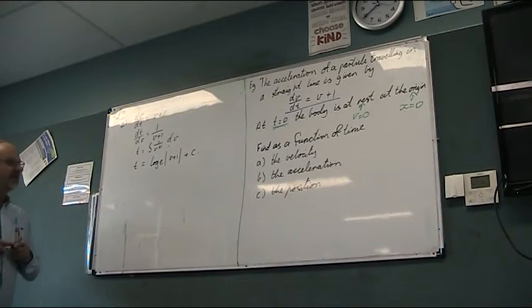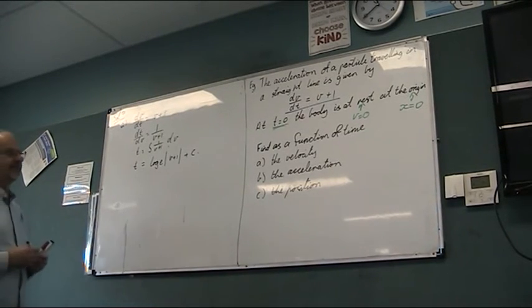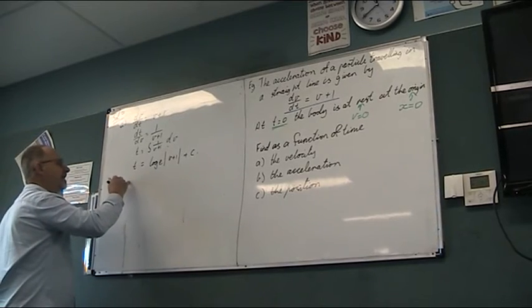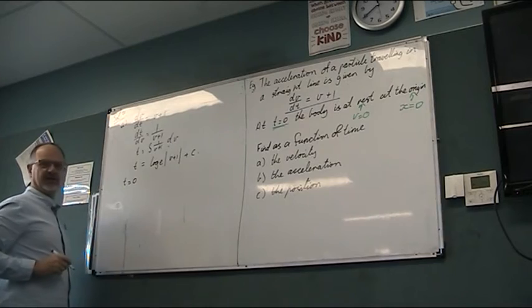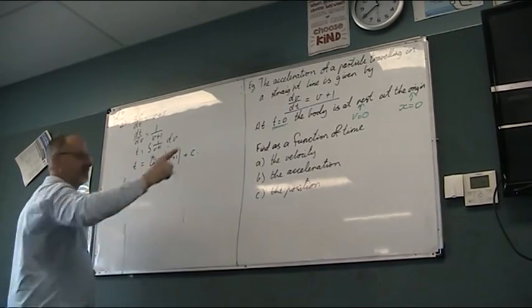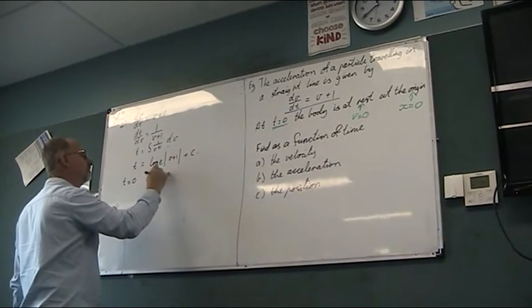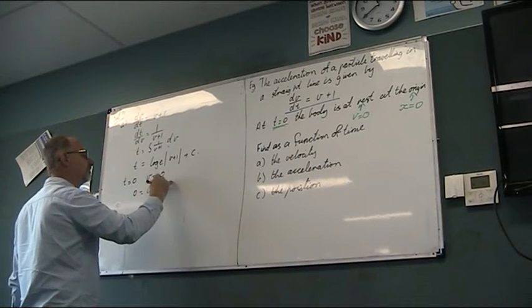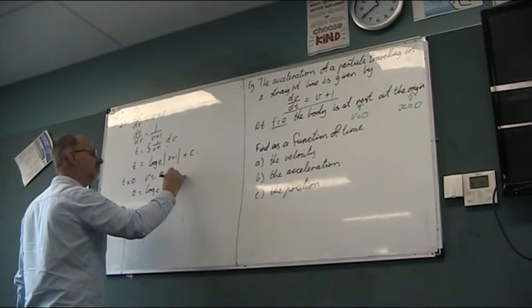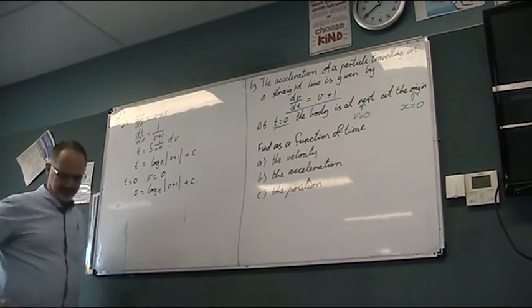All right. To find the constant, we've got some information. And the information we have is that at time equals 0, what do we know about v? v equals 0. So 0 equals log to the base e of 0 plus 1, plus c.